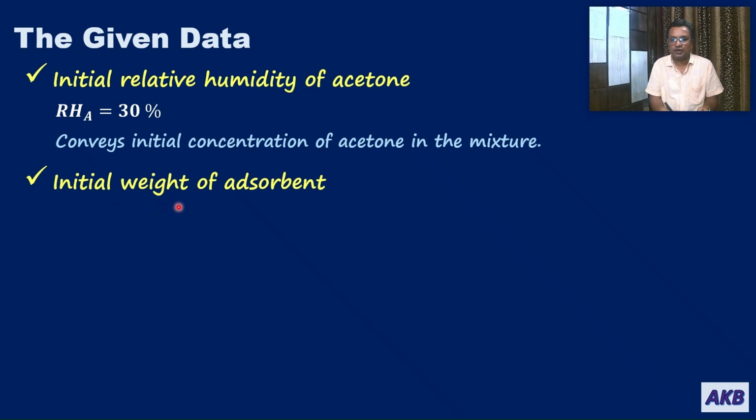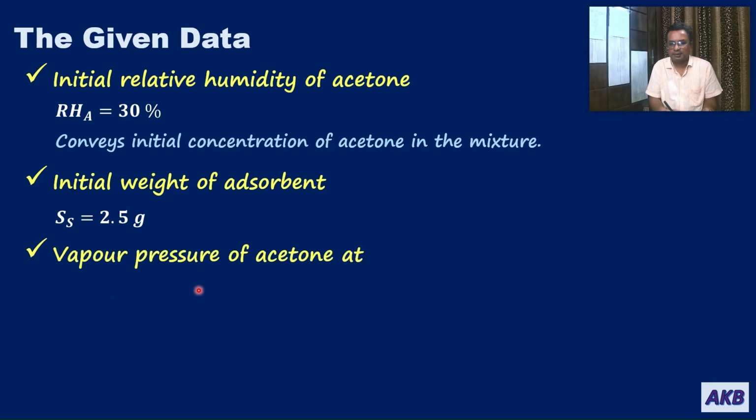Then initial weight of the adsorbent is given to us. It is pure adsorbent. That's why it will be entirely the adsorbent solid, and we denote that by SS as per our notation. So SS in this case is 2.5 gram. Then vapor pressure of acetone is given to us at 303 Kelvin.